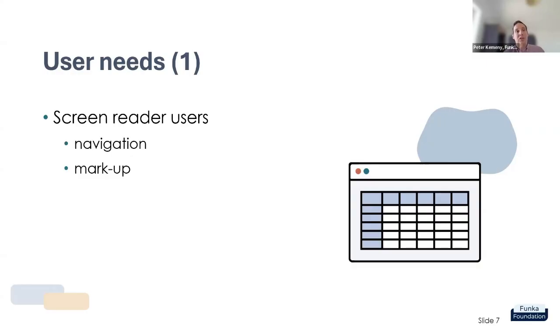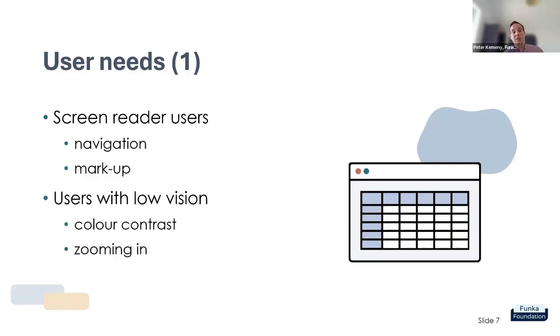And it should be organized in a clear and simple fashion, so the assistive technology can interpret the data meaningfully. It means that if it's properly set up, then screen reader users are able to navigate and understand the table. What is needed for that is that the table is properly marked up, that the code behind the table is adequate.